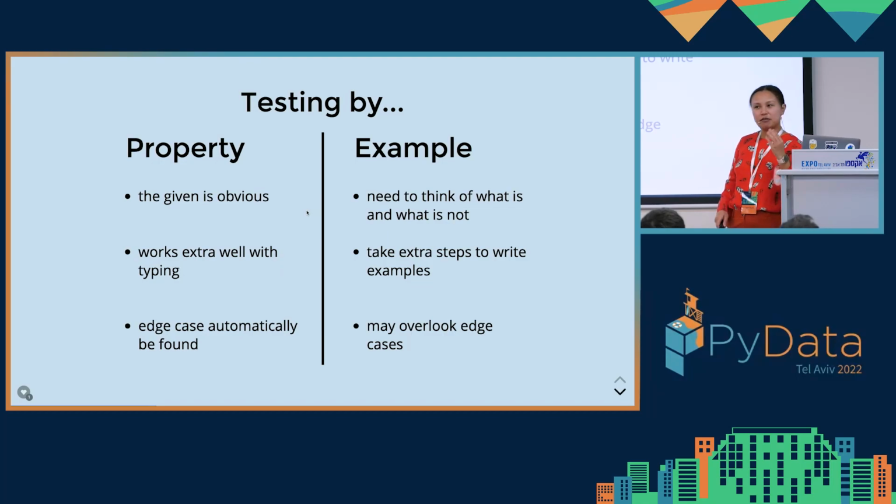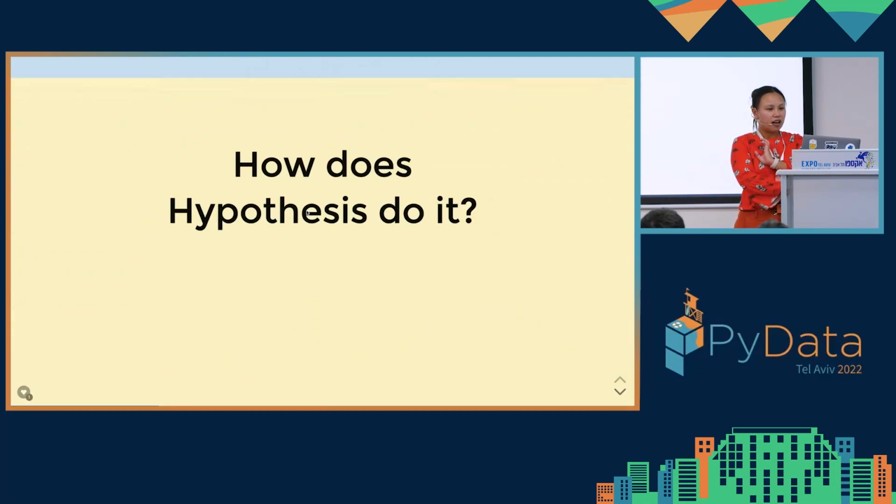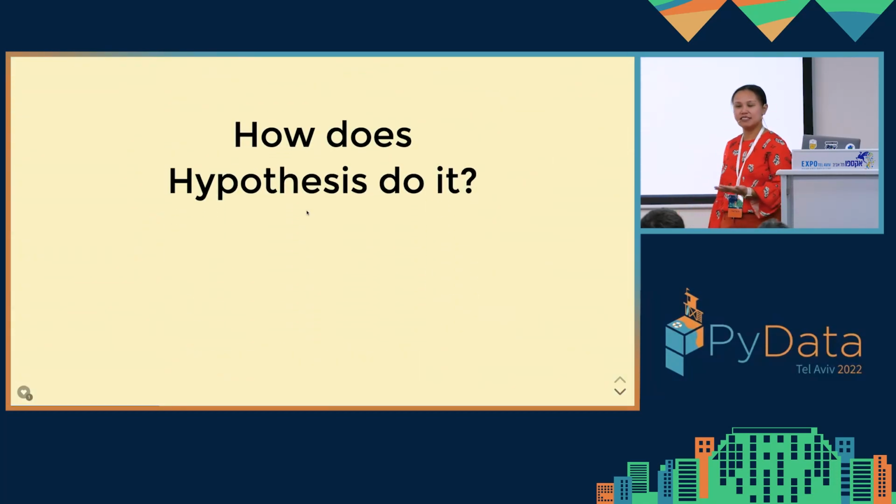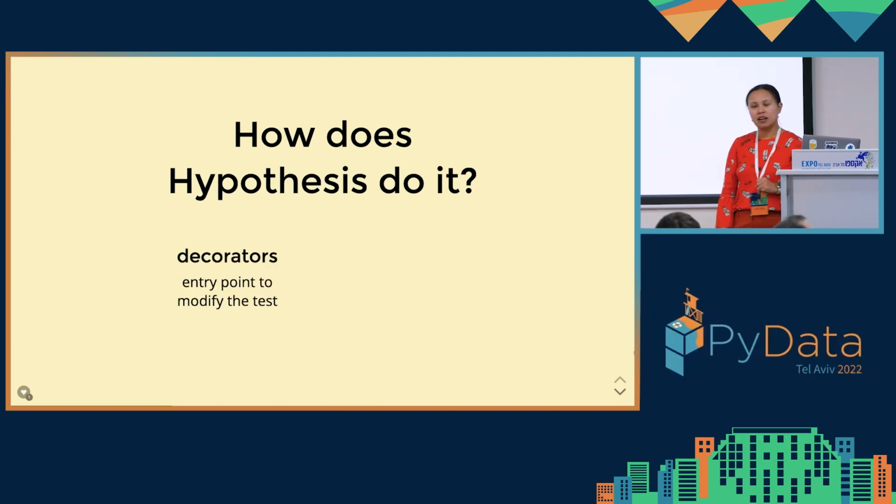Testing by property, if we choose the right strategy, if the strategy is written correctly, then this edge case logic should already be embedded, so we don't have to worry about that ourselves every single time. And so Hypothesis, like I said, provides a lot of tools that can help you do property-based testing properly. So first of all, when you use Hypothesis, the first thing you will do is use some decorators.